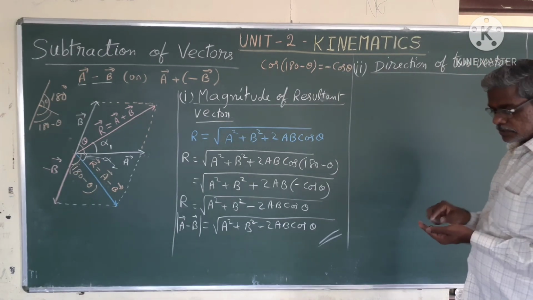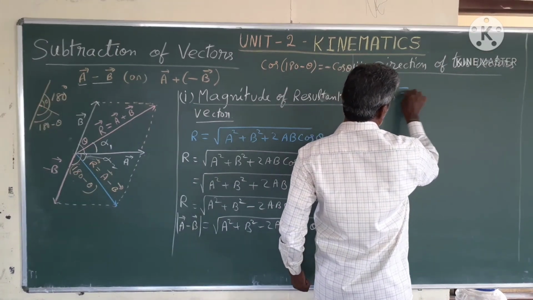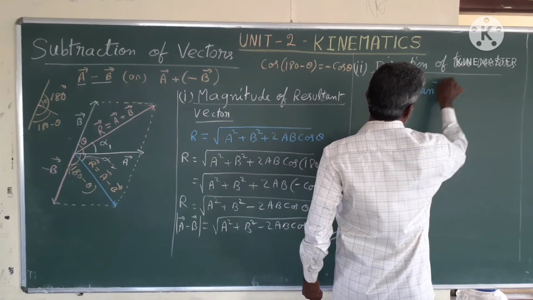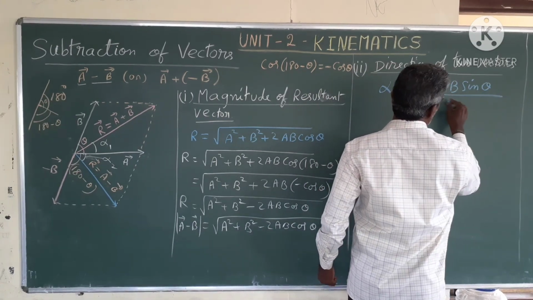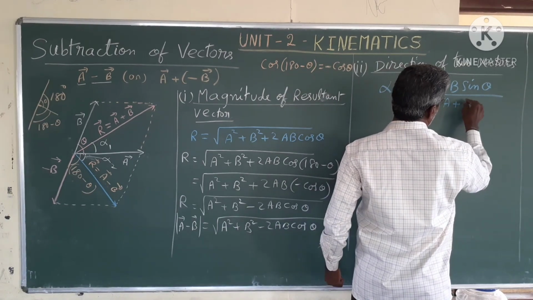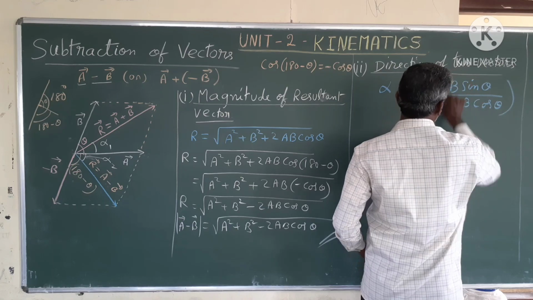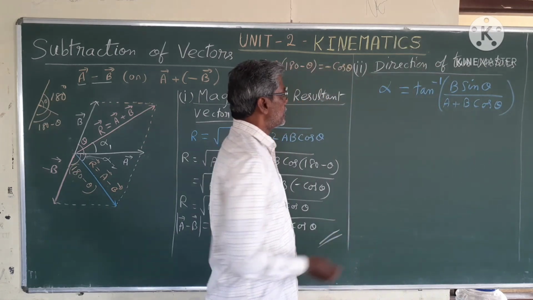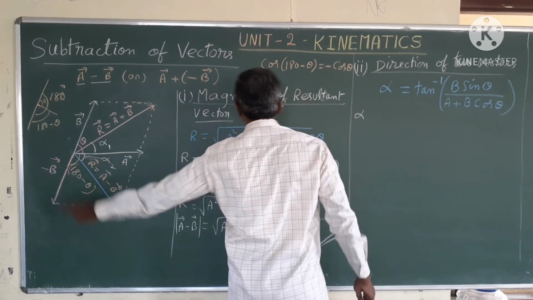So in addition of vectors, we calculate the formula, that is alpha is equal to tan inverse of b sin theta divided by a plus b cos theta. Okay. Now, what is theta here? 180 minus theta.